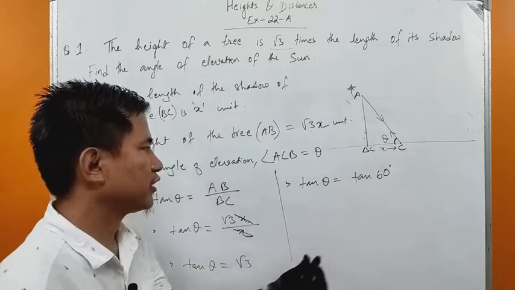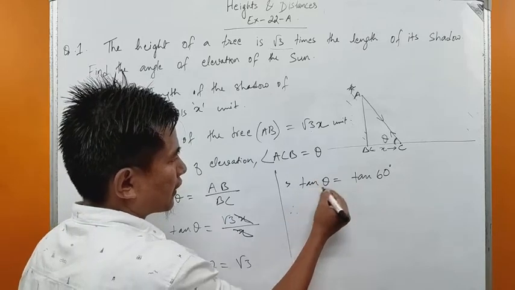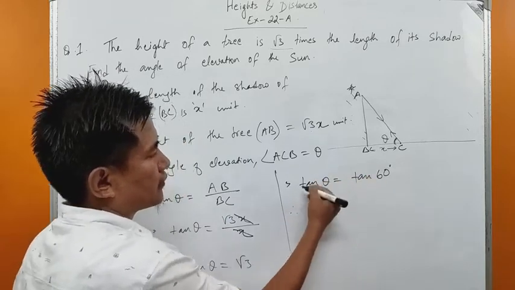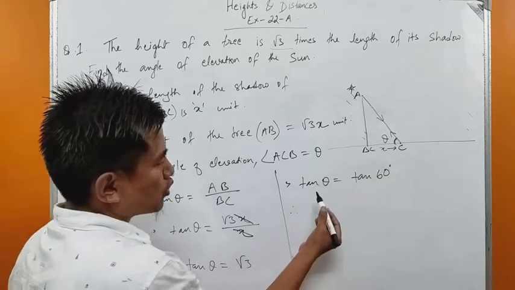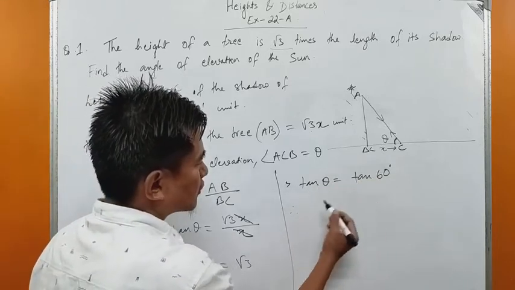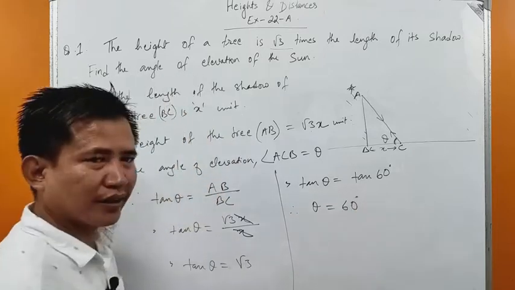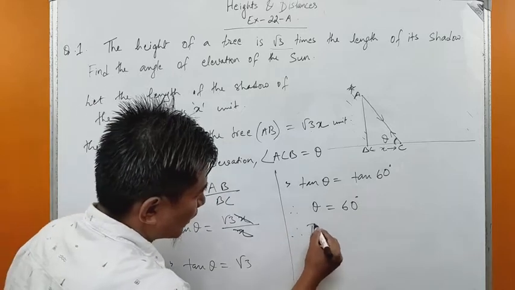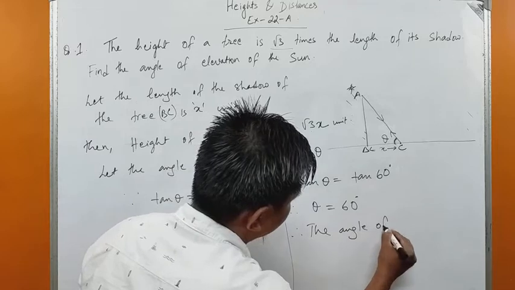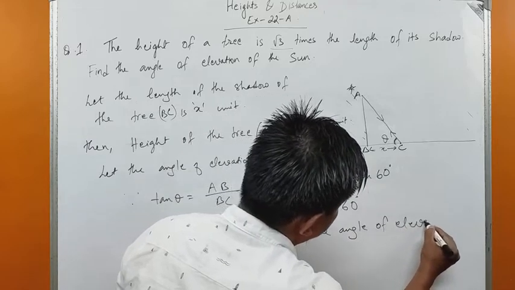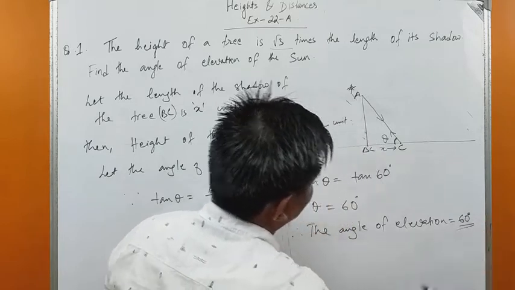Now we cannot cancel tan and tan, because tan is a trigonometrical function, so we leave tan from both sides. Therefore theta equals 60 degrees. Therefore the angle of elevation equals 60 degrees. I hope you got this.